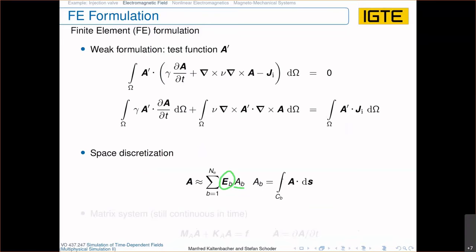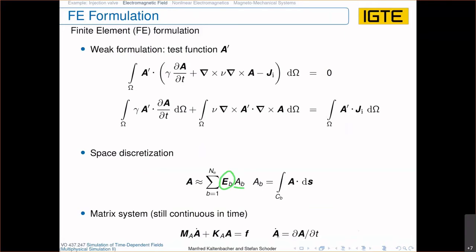Substituting this space discretization with such ansatz functions into our weak formulation, we arrive at a matrix system, a system of ordinary differential equations in time.